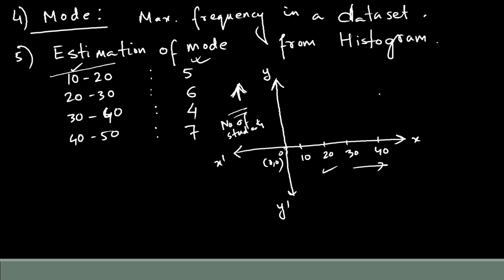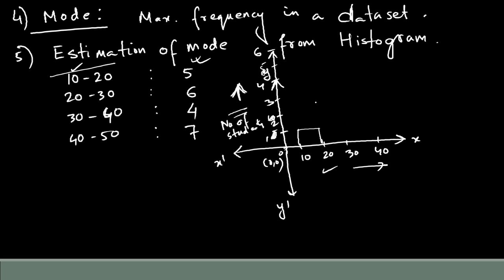Okay, now 10 to 20 is given as 5, this is 5, this is, let's say, 10, that's it. Okay, so 10 to 20 is 5. Let me do it one more way: 1, 2, 3, 4, 5, 6.